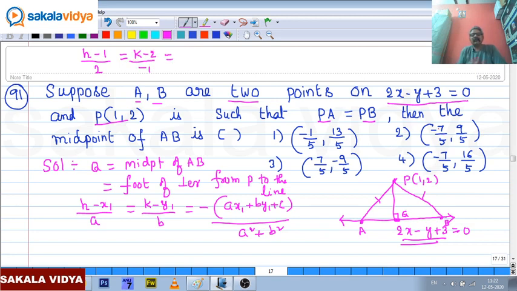Substituting (1, 2) in this line: 2 minus 2, cancel, 3 by 5.